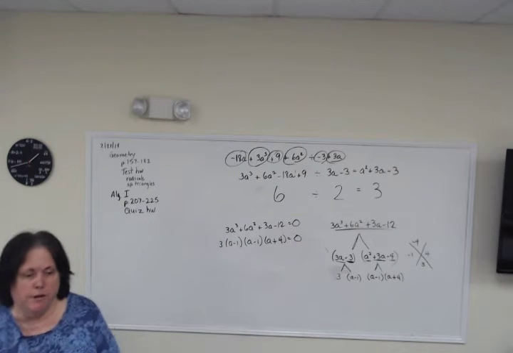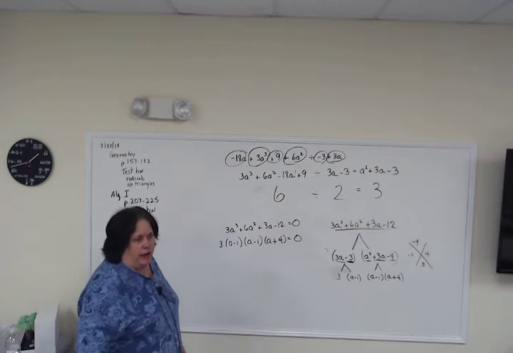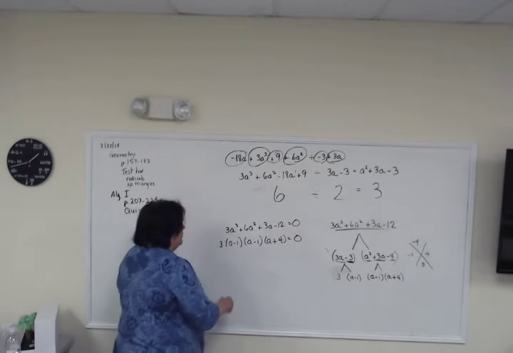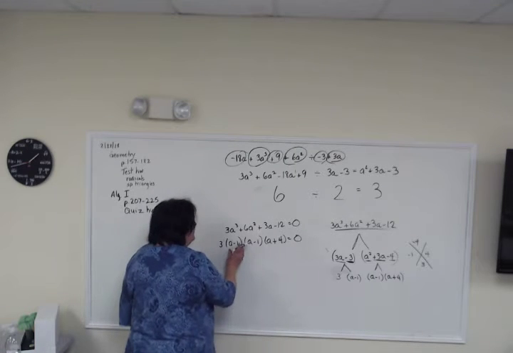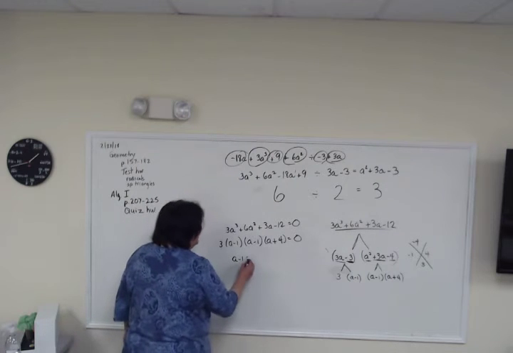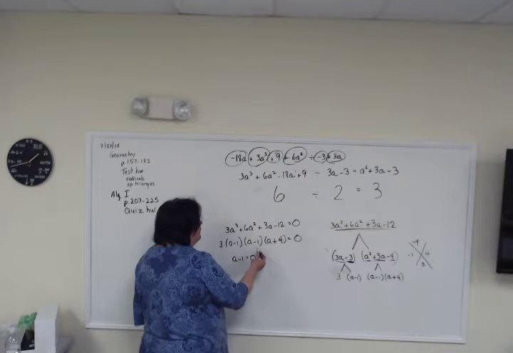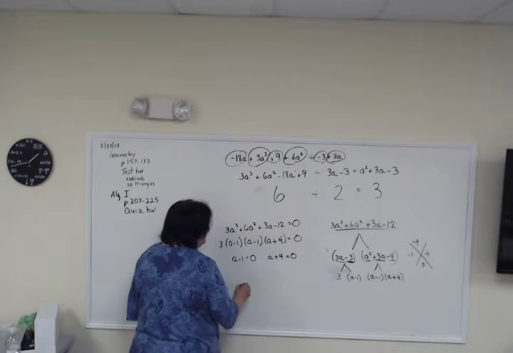So look, you're looking up here? Now, how can I solve for a? Well, 3 is never going to equal 0. But if any one of these is 0, it makes it true, right? So either a minus 1 equals 0, or a minus 1 equals 0, or a plus 4 equals 0.